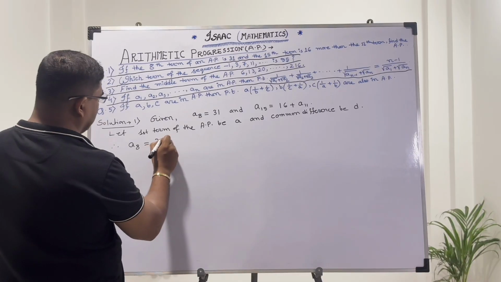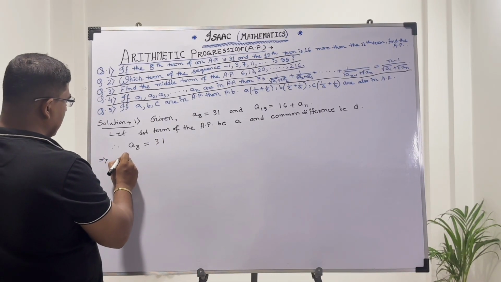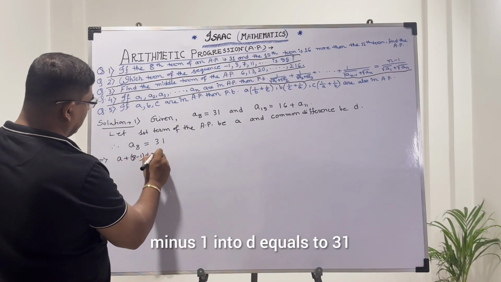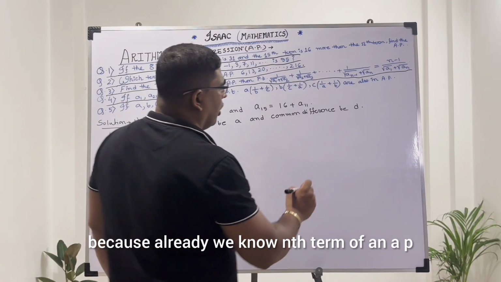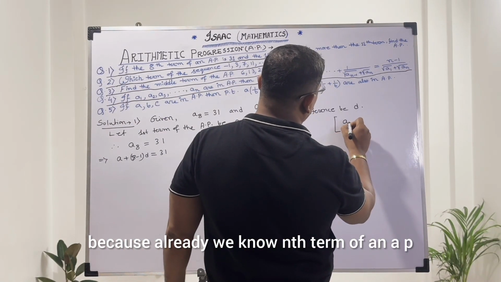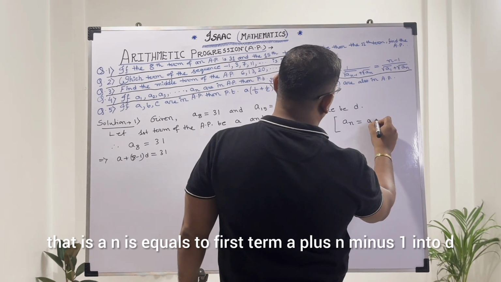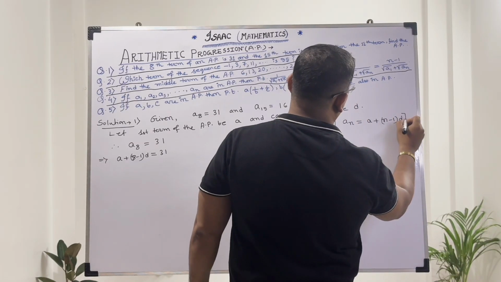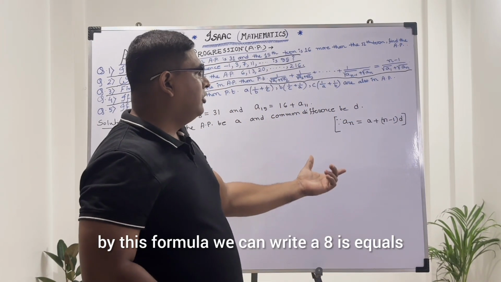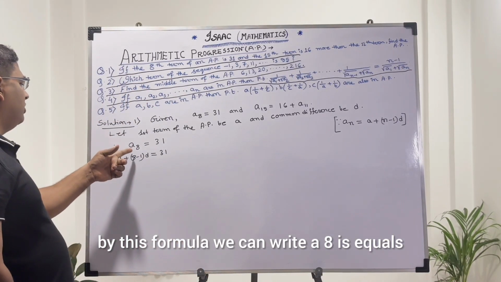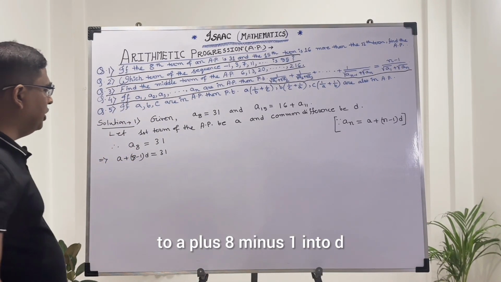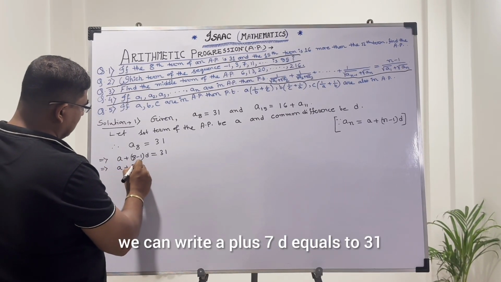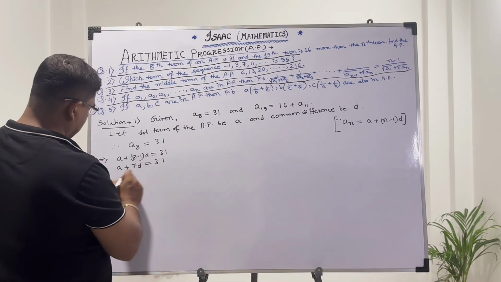Therefore A8 equals 31 implies A plus (8 minus 1) into D equals 31, because we already know the nth term of an AP, that is AN, equals the first term A plus (n minus 1) into D. So A8 is A plus 7D, which equals 31.